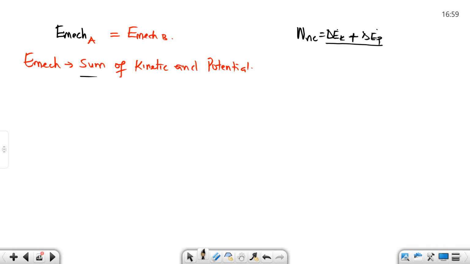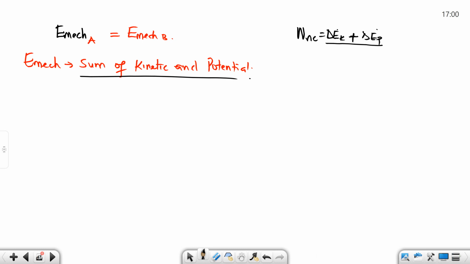Kinetic and potential. By playing smart with your formula page, both of them are the same. You are allowed to use any of the two. I would use both, but I'm just trying to show that should you forget in an exam what that formula is, work done by non-conservative is your safe haven.